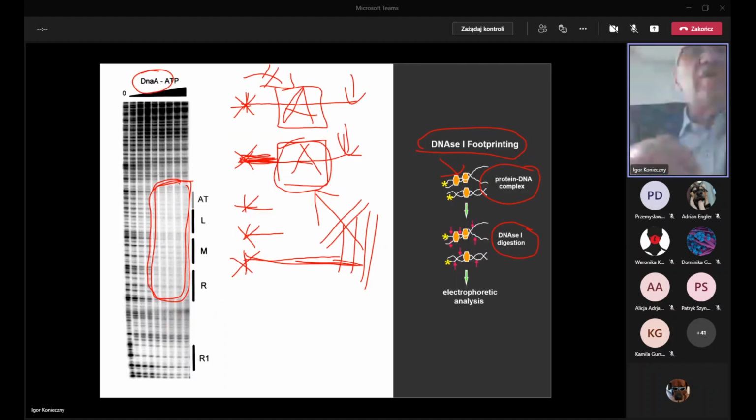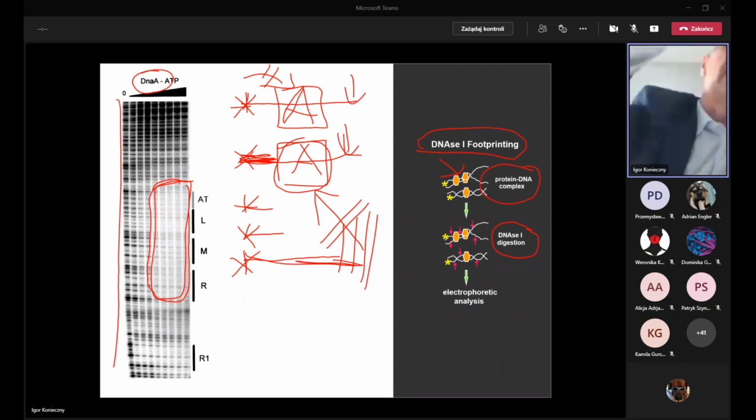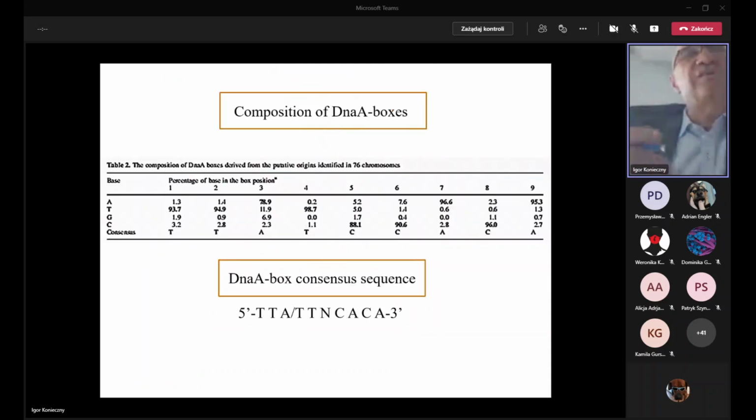Of course, if you have this kind of experiment, then you can just run the ladder identifying the position of cuts, and you can get information about the sequence which was protected. Based on this analysis you can find the composition of the binding site of a particular protein, in this case the replication initiator, DnaA, and this composition of DnaA binding sites are so-called boxes.